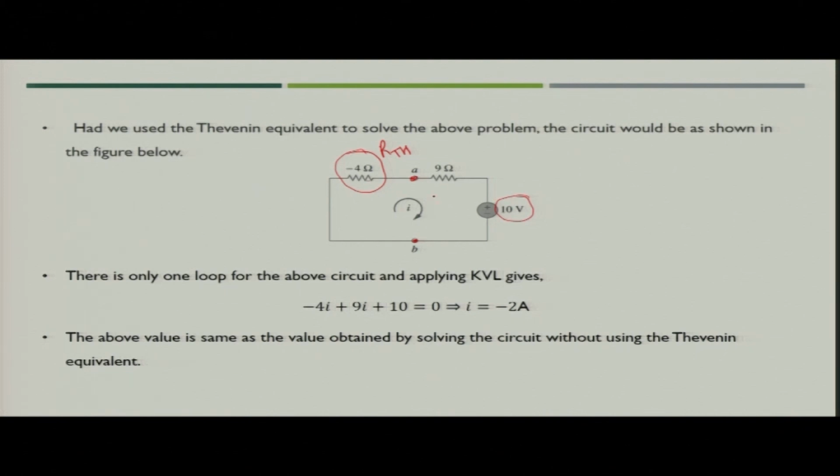When you apply the KVL again in this particular circuit, you will again get current I as minus 2 ampere.